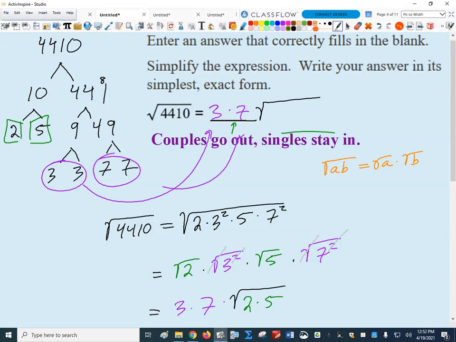And singles stay in, so they stay inside the radical. I had a single 2 and a single 5. Everybody get that? It's always going to work that way. So my final answer, I could simplify this to be 3 times 7 is 21, times the square root of 2 times 5, which is 10.